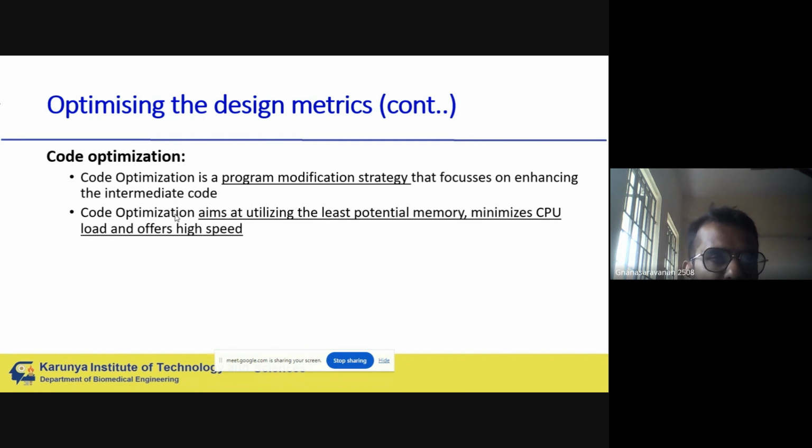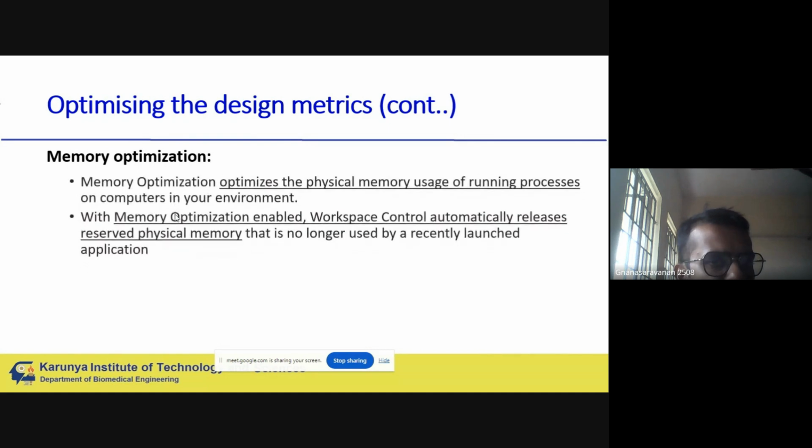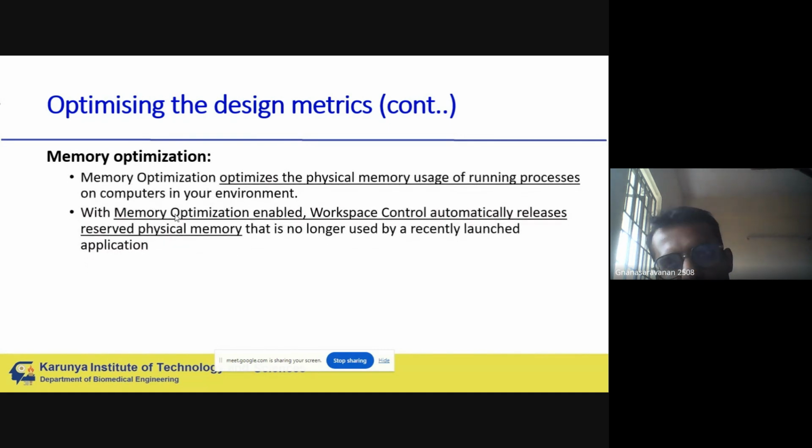Code optimization is about reducing the length of the program. When we reduce it, the faster the code will run, something like that. The program memory use will be less, and the CPU load will be less. So this is one of the techniques which will improve efficiency. Similarly, memory optimization means how we utilize RAM, ROM, and so on. How does the data flow in and out?